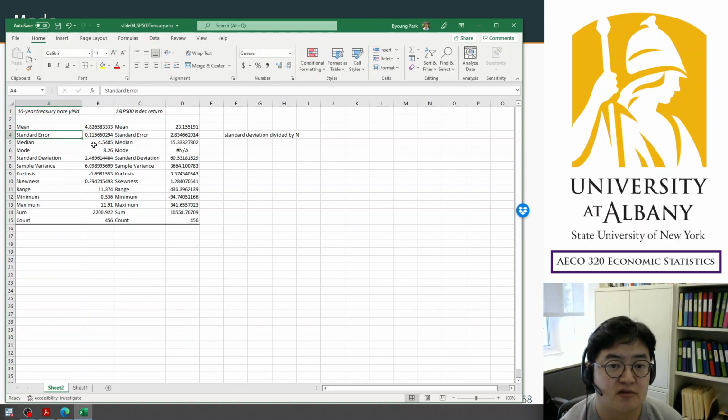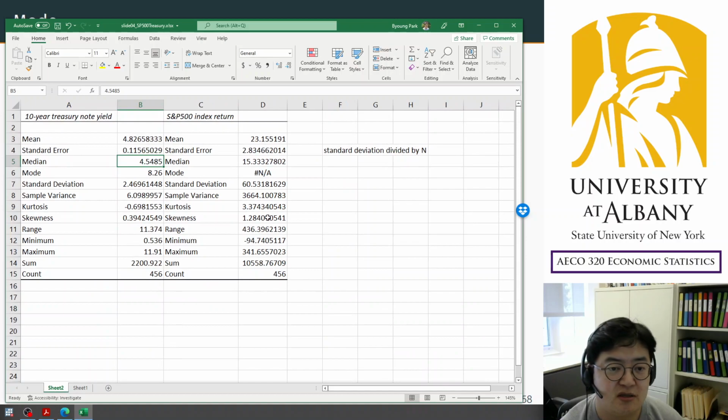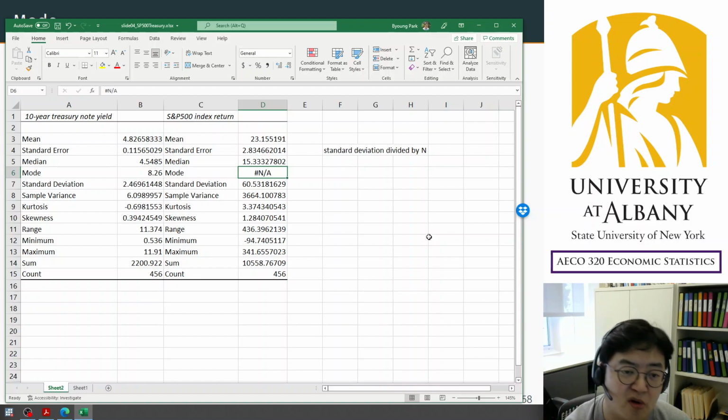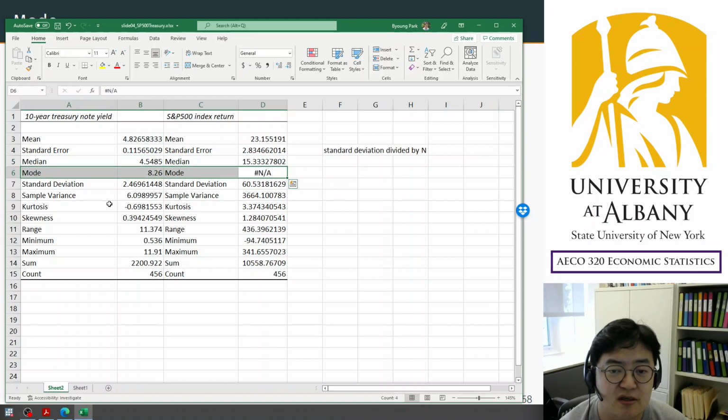Let me increase the font size. And median, we learned median, and mode, we learned mode, but there is no mode in S&P 500 because it's too volatile. There is no same number occurring twice or more times. So there is no mode.